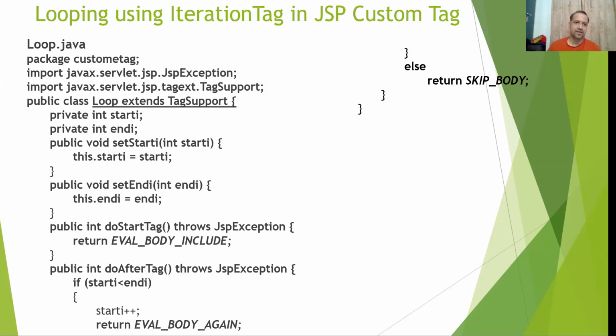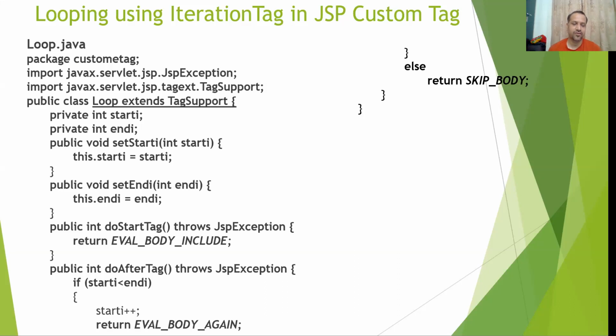Iteration means executing the same process again and again, and a loop also executes the process again and again. With the help of the iteration tag property, I'm going to perform the looping concept inside this particular custom tag.